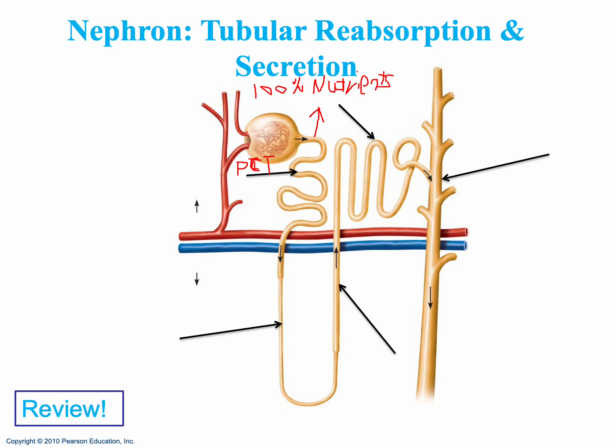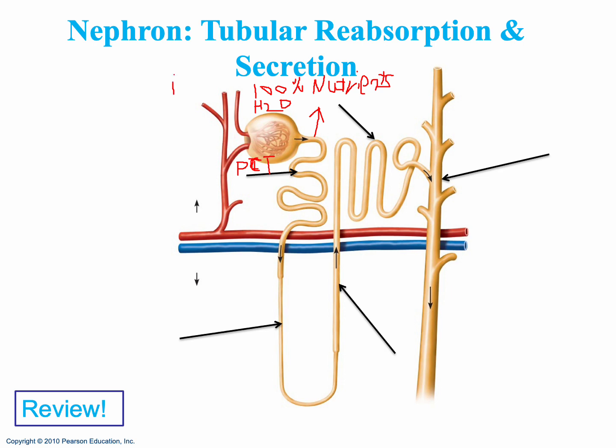So again, that's referring to glucose, amino acids, vitamins, and lipids that are reabsorbed. You also can have some water reabsorbed here, so keep that in mind. Water, H2O, about 65%.